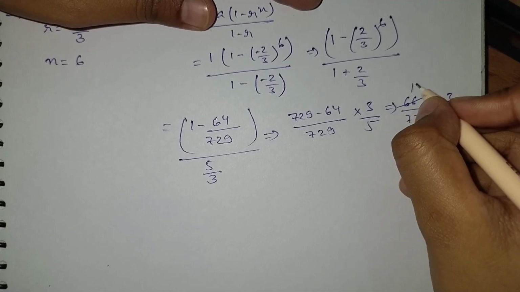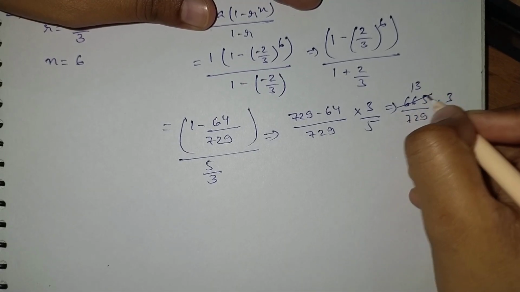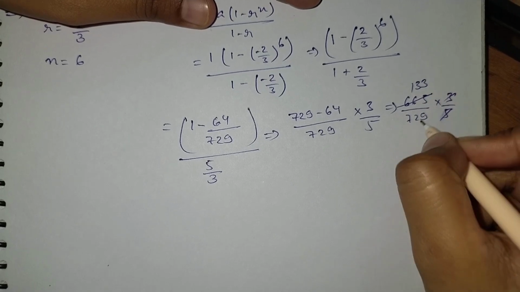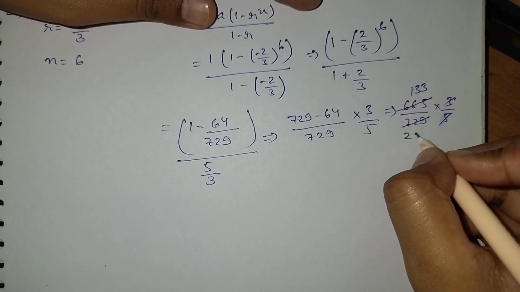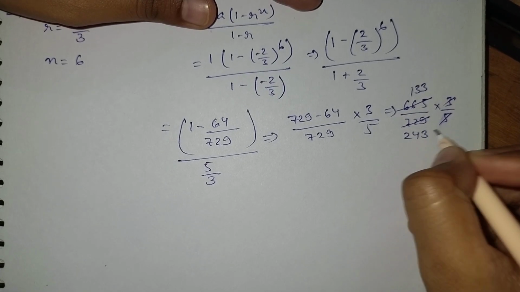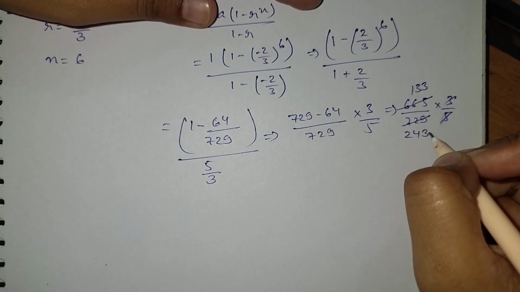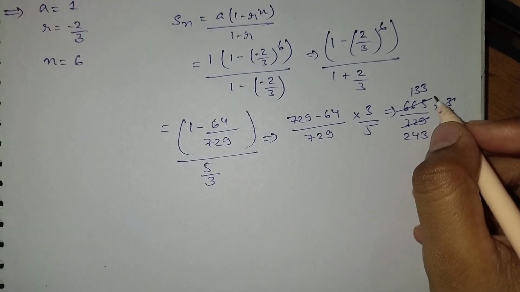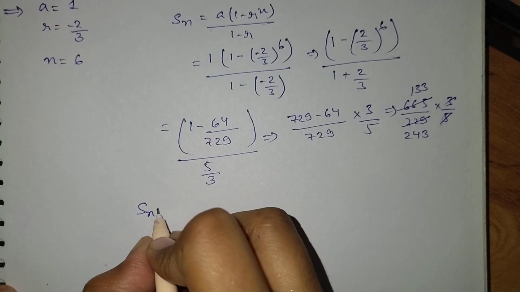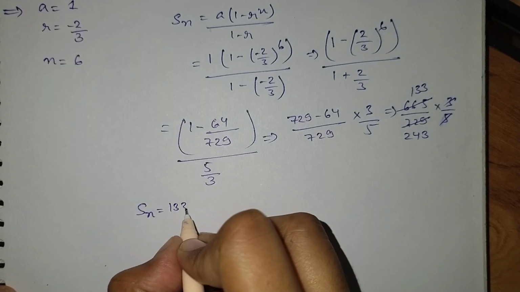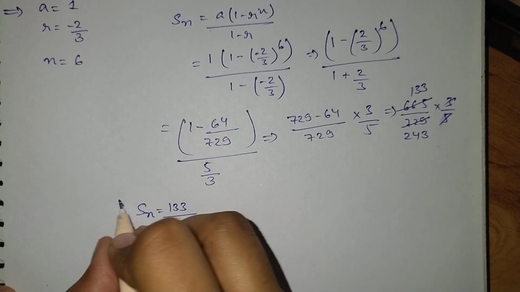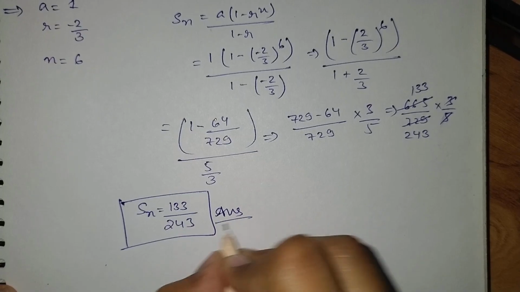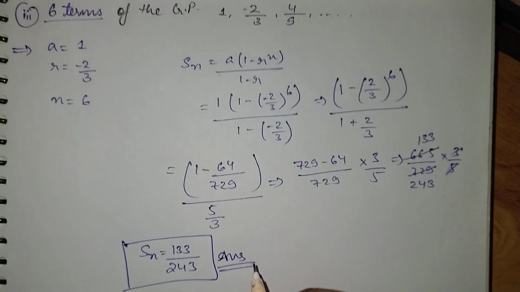Cancelling this part, we will get 3 here, and this side will be again 3. Again cancelling this part, we will get 243. Now we can cancel here also. So from here the sum of this GP is 133 divided by 243 as the final answer in this question, and this is the solution of question number 1, third part.